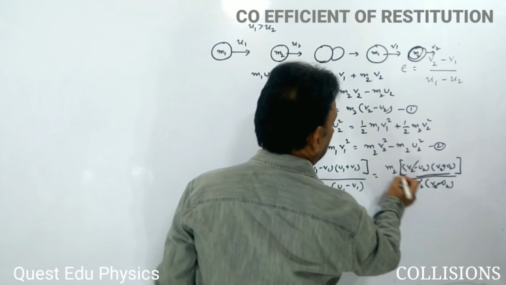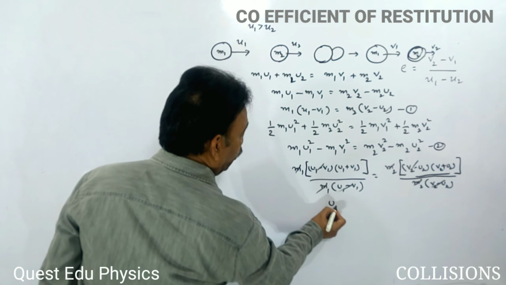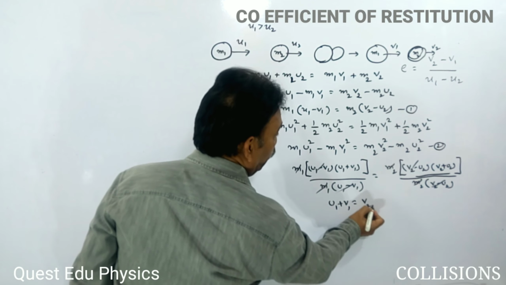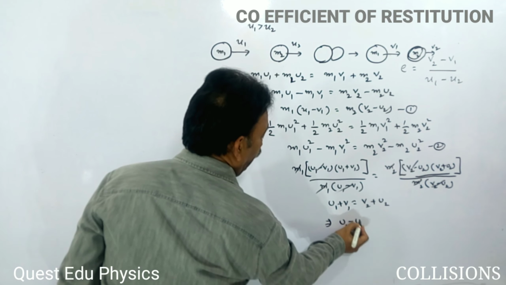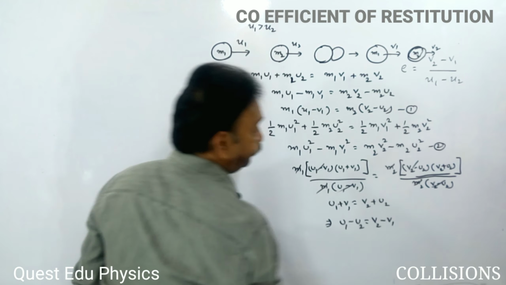These terms get cancelled, and finally we have u1 plus v1 is equal to v2 plus u2. That is, u1 minus u2 is equal to v2 minus v1.